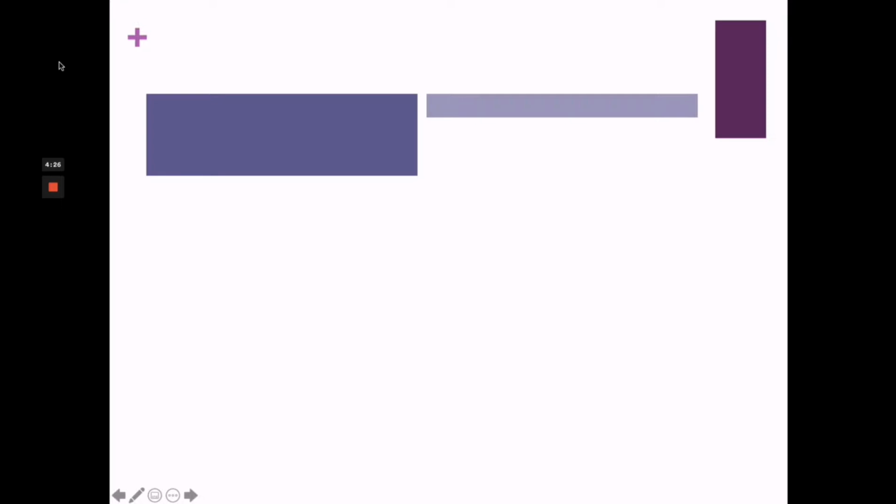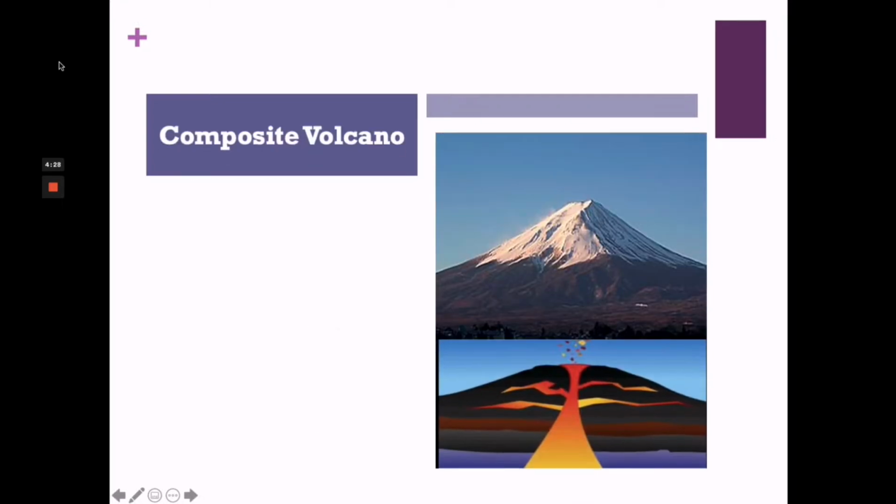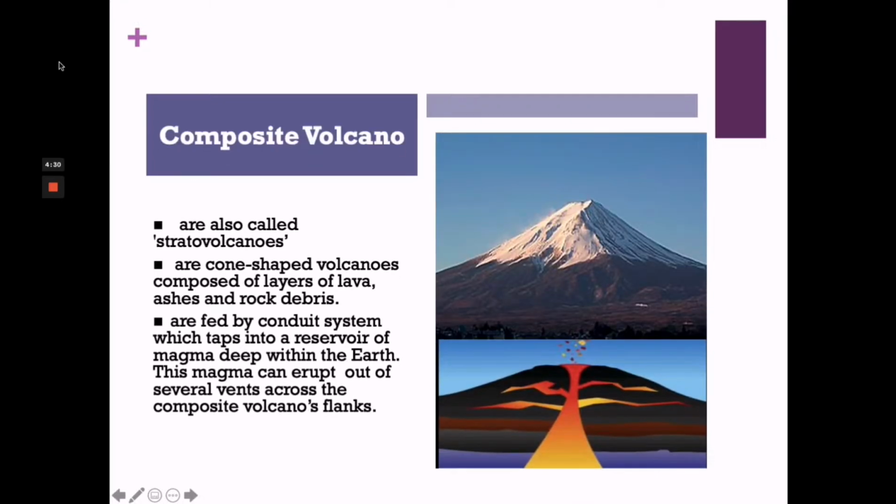Next is composite volcano, also called stratovolcano. They are cone-shaped volcanoes composed of layers of lava, ashes, and rock debris. They are fed by a conduit system which taps into a reservoir of magma deep within the Earth.